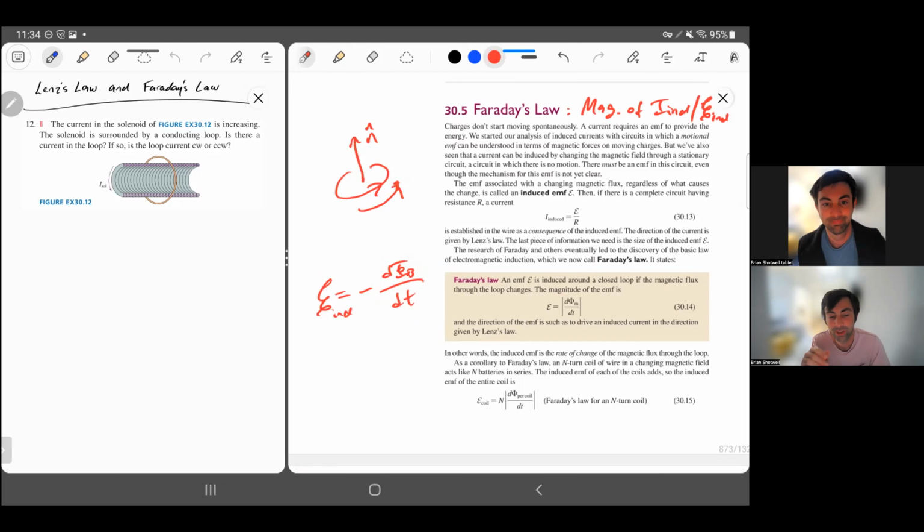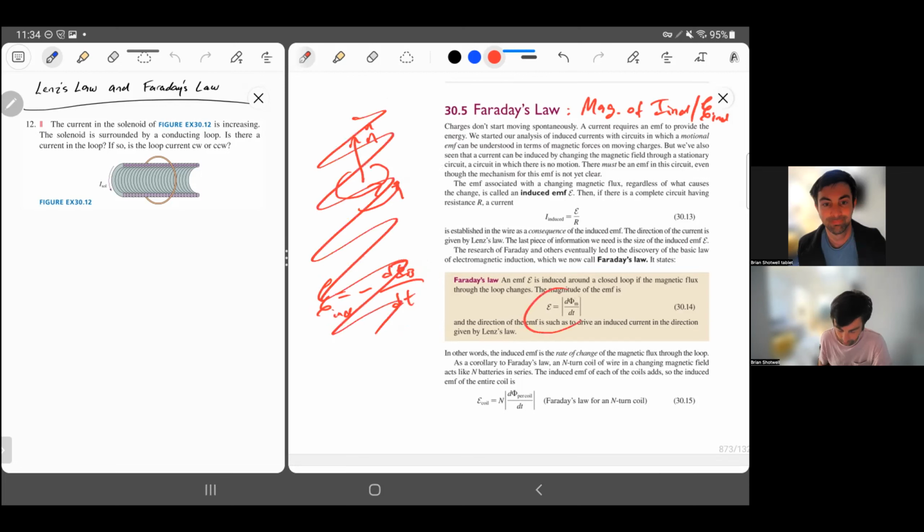So if you're careful with the right-hand rule, you could use this, which does the magnitude and the direction. But for our purposes, we're going to just use this for the magnitude and then Lenz's law for the direction. And that will always get us there. For most students taking a course like this, that tends to be the easier way to do it, rather than trying to worry about both at the same time.